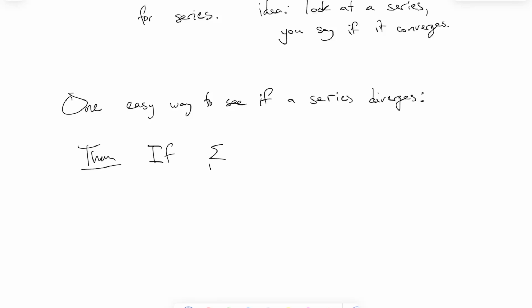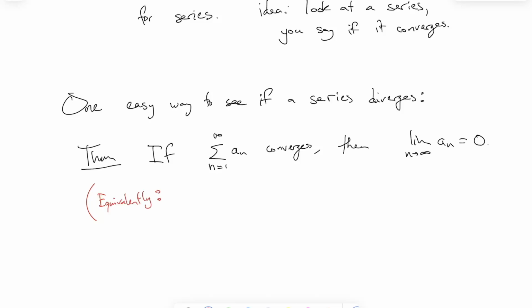It says if the sum from n equals 1 to infinity of an converges, then the limit of an is 0. If the series converges, then the terms themselves must go to 0. And this is a quick way that you can sometimes use to show something does not converge. So I'm going to write this equivalently.